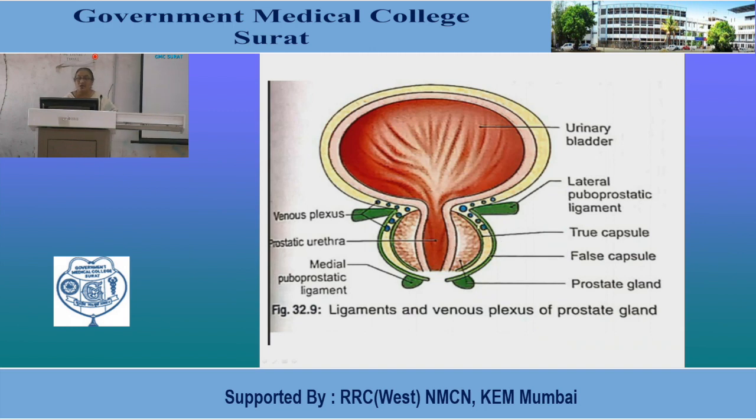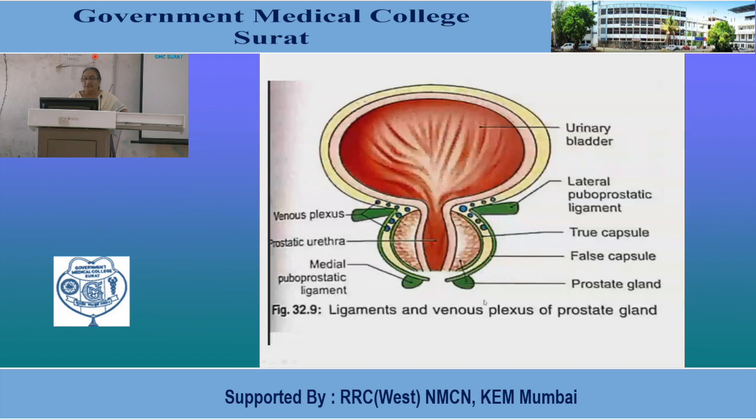These are the pair of puboprostatic ligaments. This is the lateral puboprostatic ligament on either side, directed along with the base, while the medial puboprostatic ligaments, also a pair, are towards the lower end of the prostate gland.